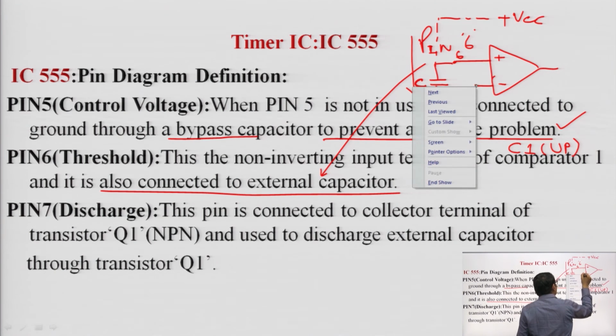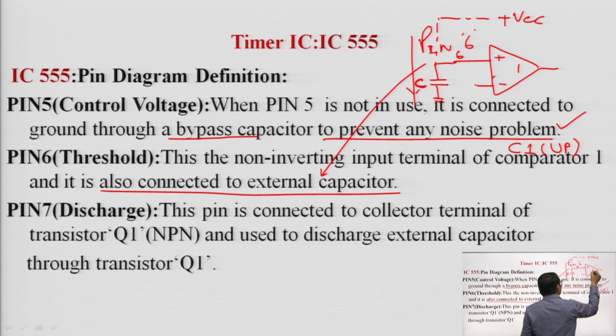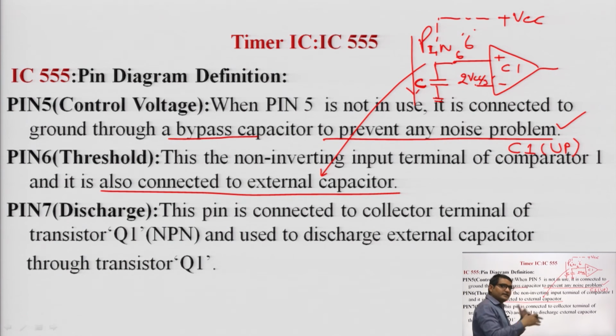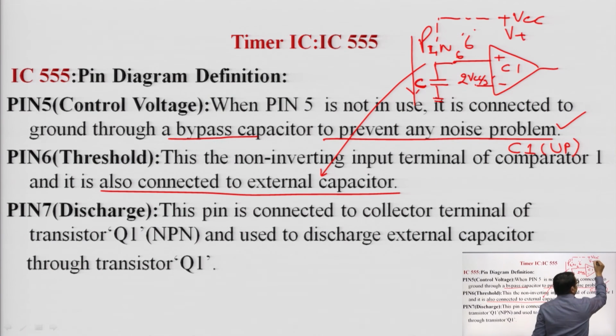The inverting terminal of comparator C1 is fixed at 2 VCC by 3. So if the charging voltage across the capacitor is greater than 2 VCC by 3, it means V plus is greater than V minus, and the output is logic 1.